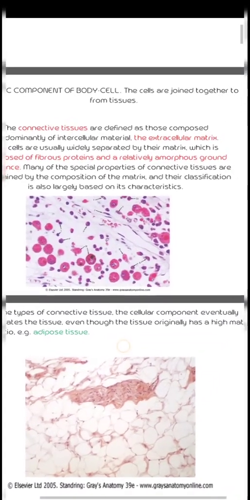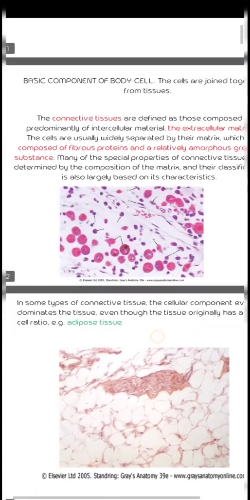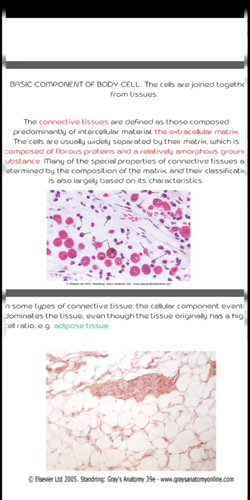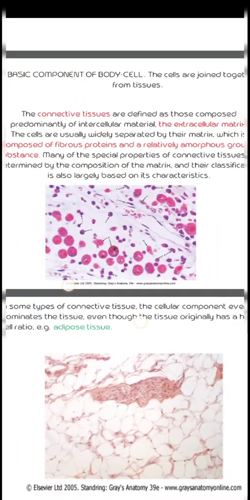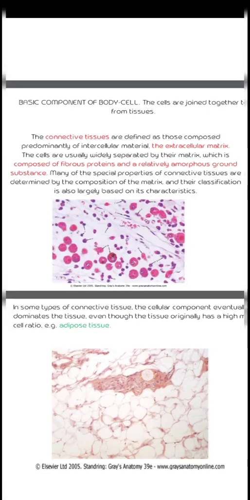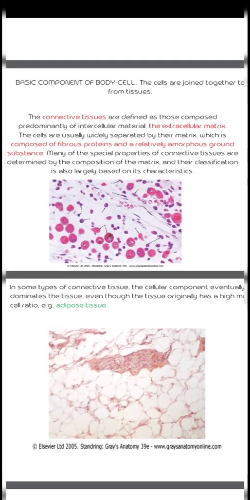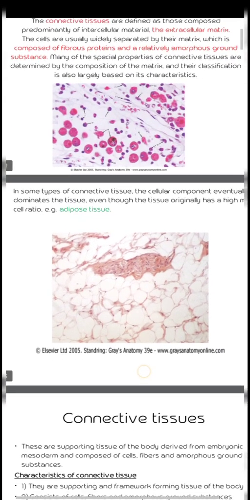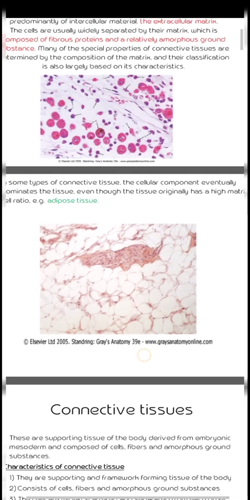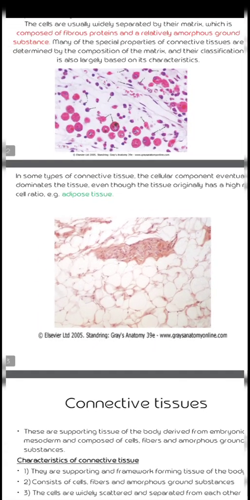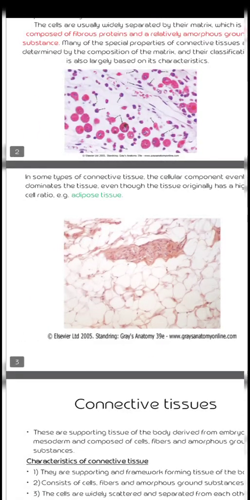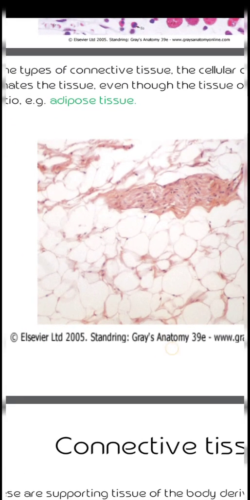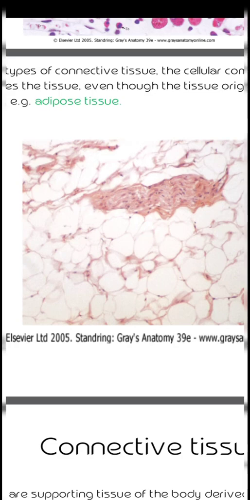Many of the special properties of the connective tissue are determined by the composition of this matrix, and the classification is also largely based on the characteristics of the extracellular matrix. In some types of connective tissue, the cellular component eventually dominates the tissue, even though the tissue originally has a high matrix to cell ratio. Let me explain it a bit.